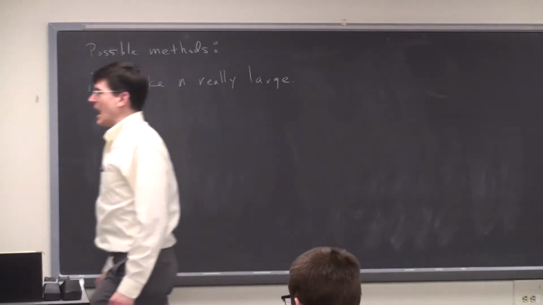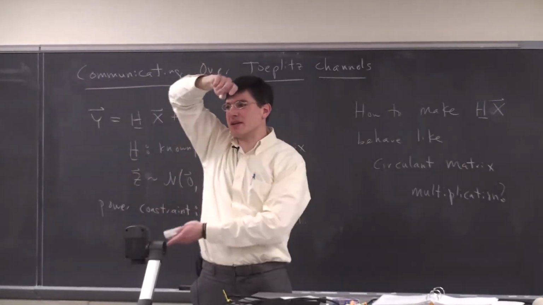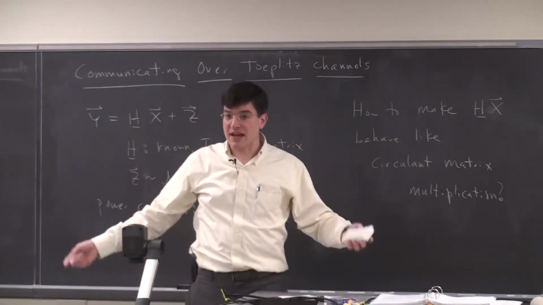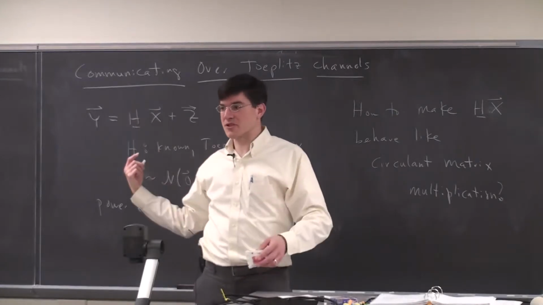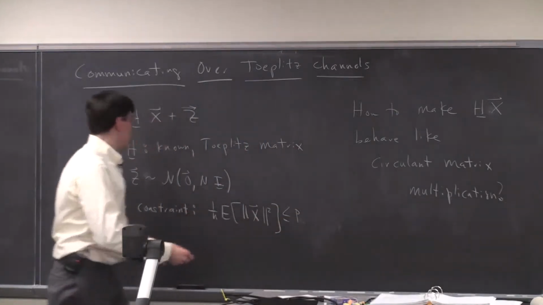Just like all these vectors, x, z, y, should be big. H is then big by big. Take everything big, and then the edge effects that separate Toeplitz matrix multiplication from circulant matrix multiplication vanish, and you can just pretend H is circulant.